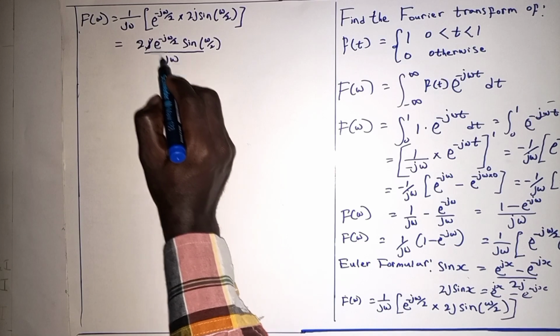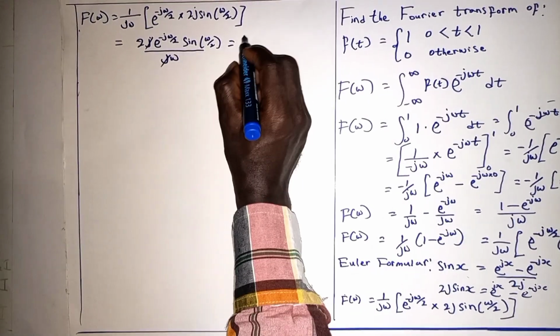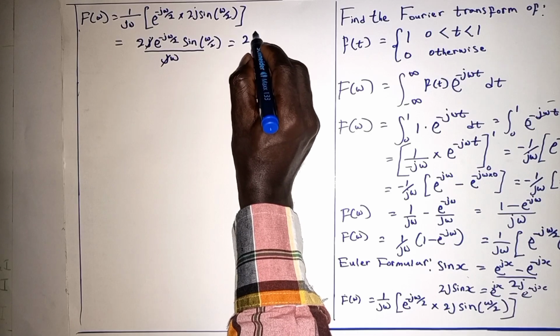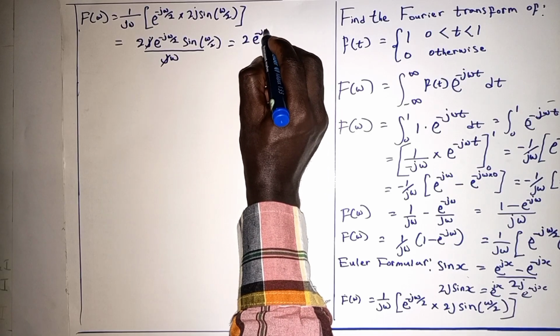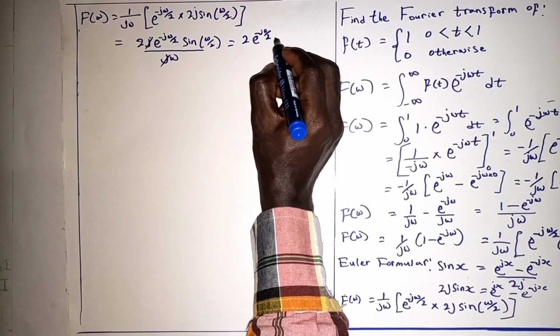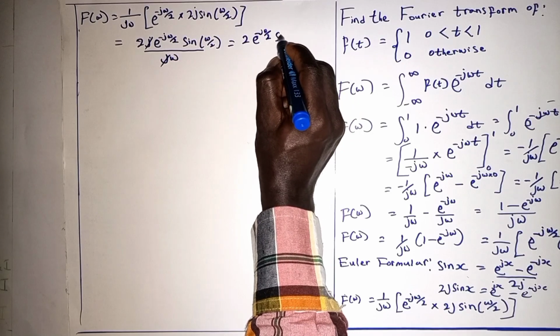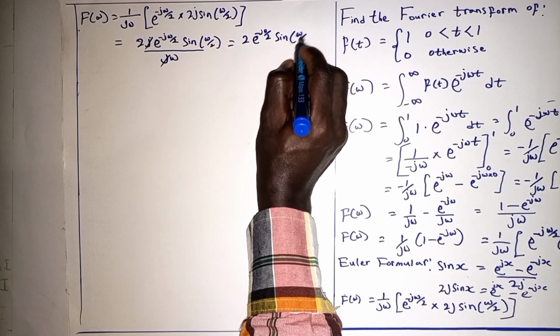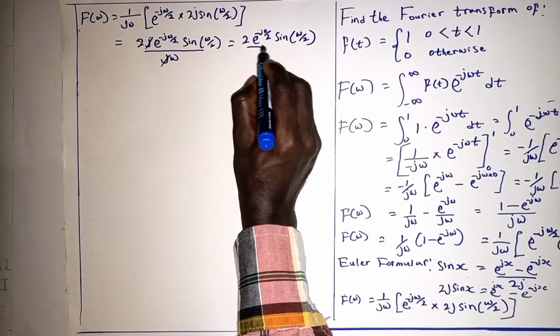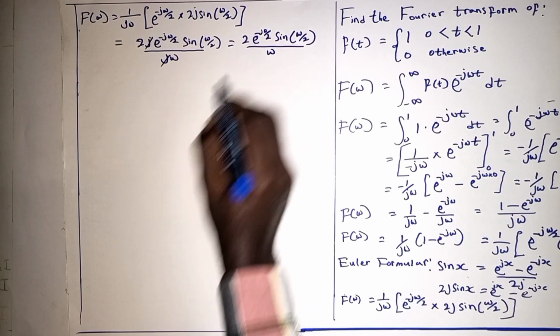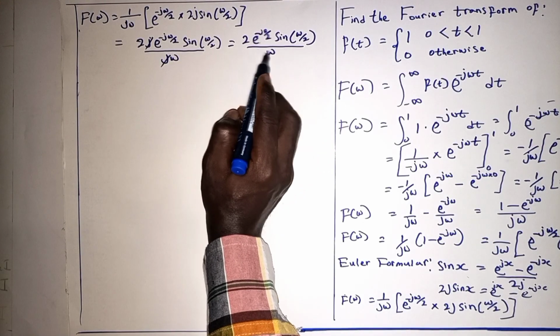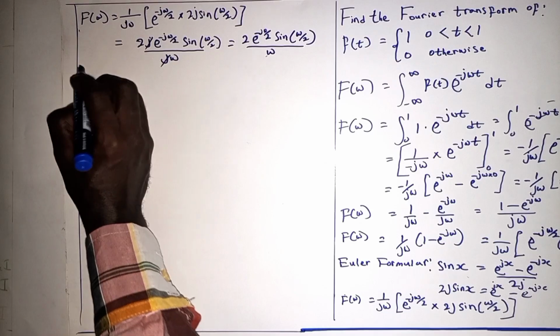Then j strike out j, I left with 2 exponential jw over 2 sine w over 2 all over w.